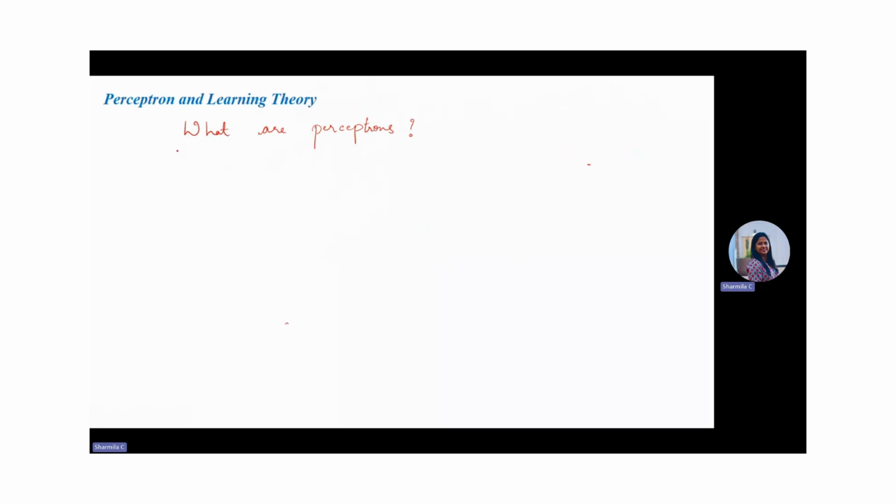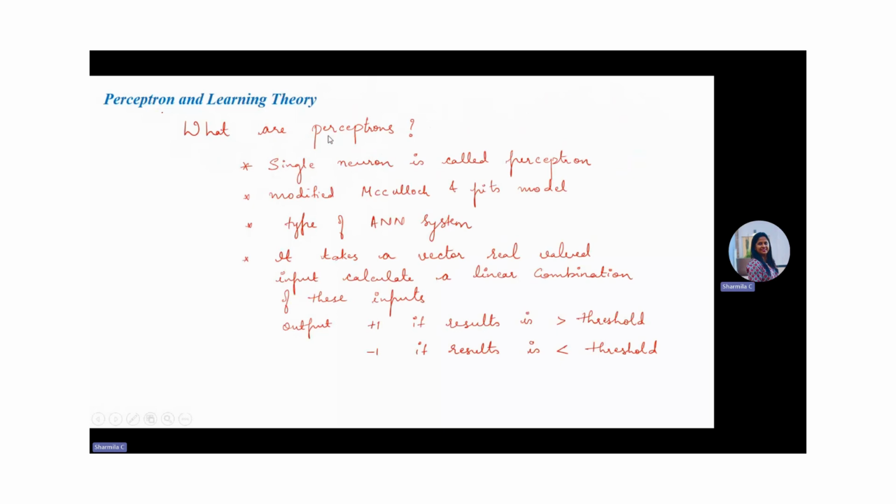Now, what are perceptrons? A perceptron is a single neuron. It is not the McCulloch and Pitts model; it is a modified version of the McCulloch and Pitts model. It can also be considered a type of artificial neural network system.